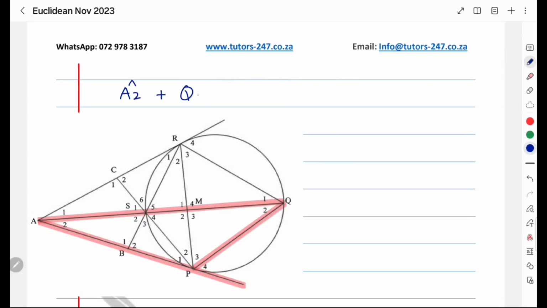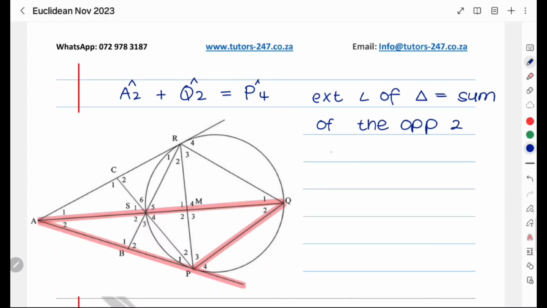A2 plus Q2 is equal to P4. The exterior angle of a triangle is equal to the sum of the opposite two interior angles.